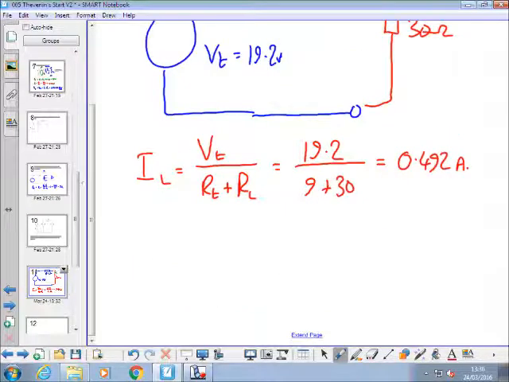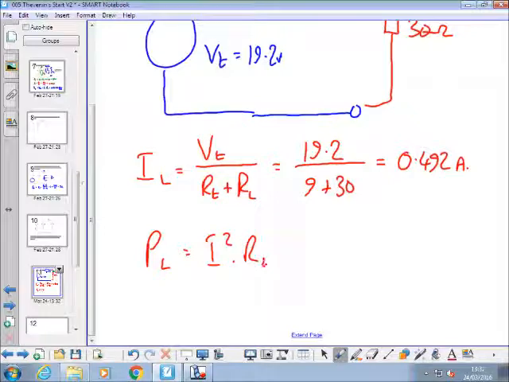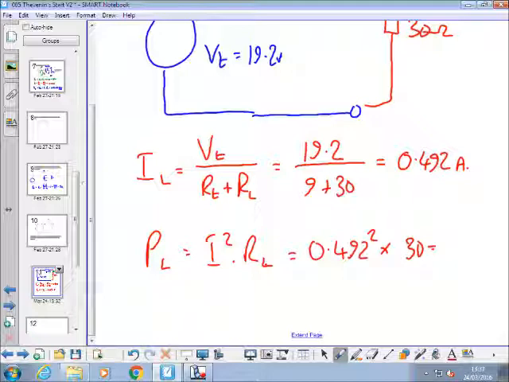And the power is I squared RL: 0.492 squared times 30 equals 7.27 watts.